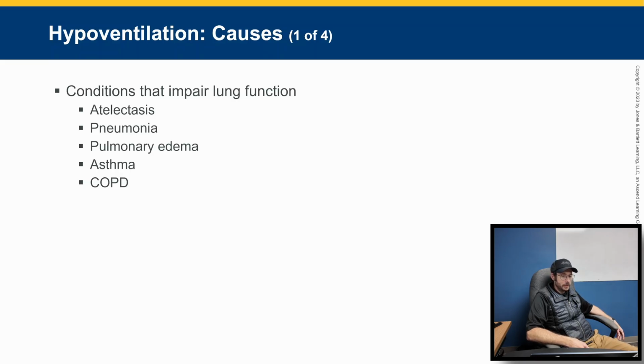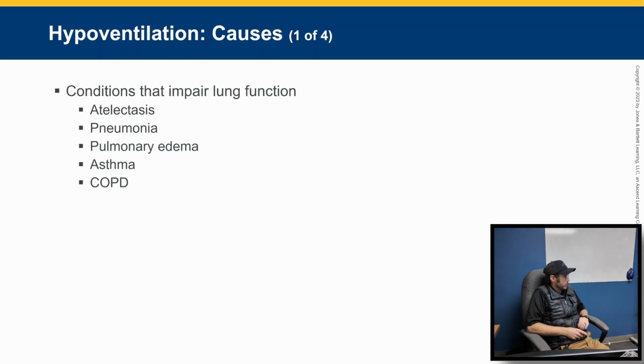Causes of hypoventilation. Atelectasis. Anybody heard that word before? It's your lung. So atelectasis is collapse of the alveoli. Pneumonia, pulmonary edema, asthma, COPD.